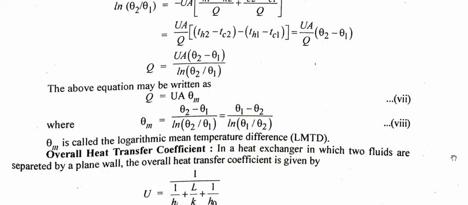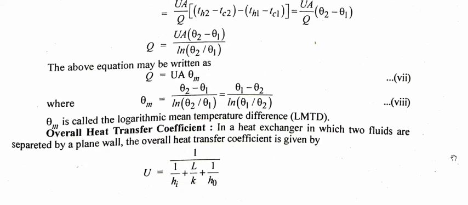Then the overall heat transfer coefficient, in a heat exchanger in which two fluids are separated by a plane wall, is given by 1 by U is equal to 1 by hi plus L by k plus 1 by ho.